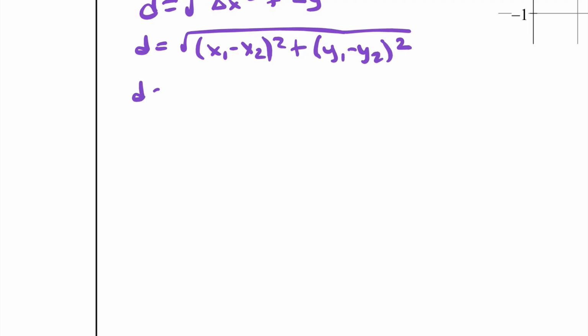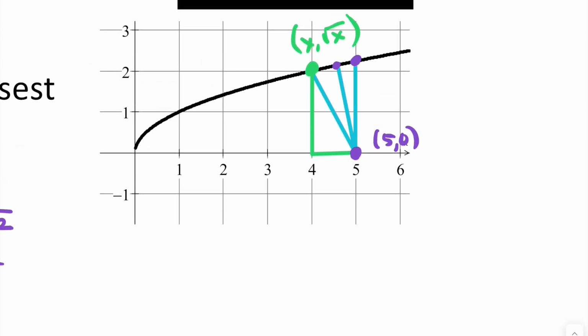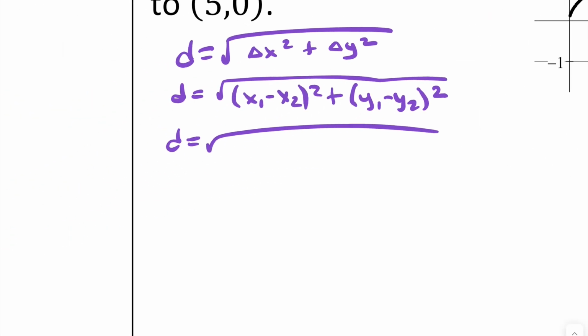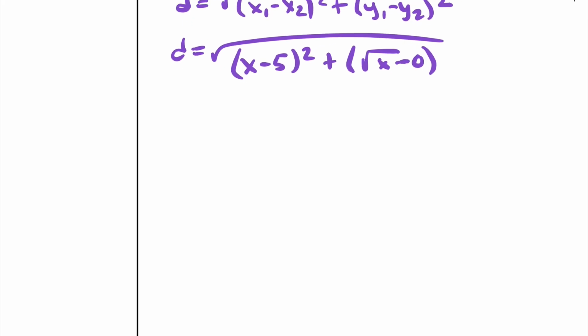I'll say that the distance is equal to, I'm going to go x minus 5 for my x's, and then for my y's the square root of x minus 0. So x minus 5 squared, and then it will be the square root of x minus 0. I'm going to derive this later on, squared.